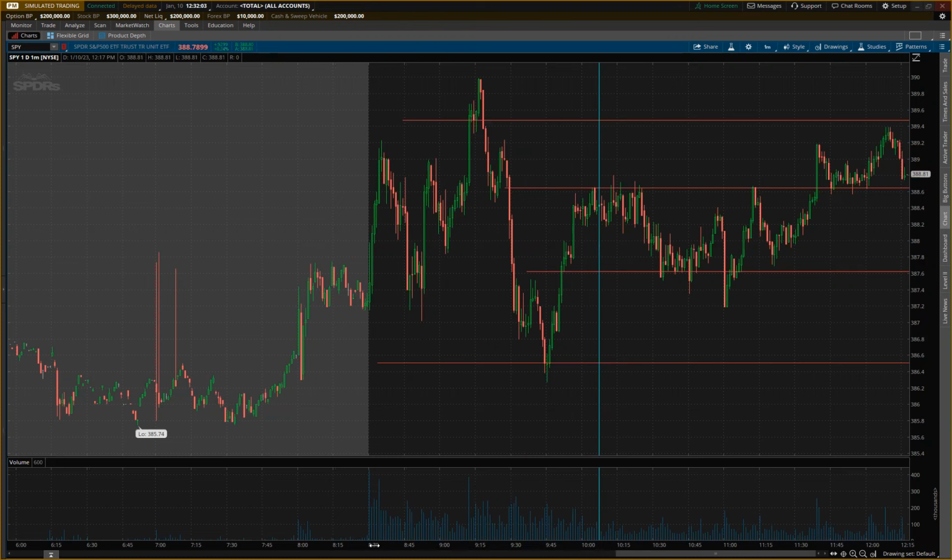The market here in Central Time opens at 8:30, so I'm around that 10:05 mark where I've marked this blue line. I've charted my supply and demand zones based on just the data from open to this blue line. That's how I get these red lines.